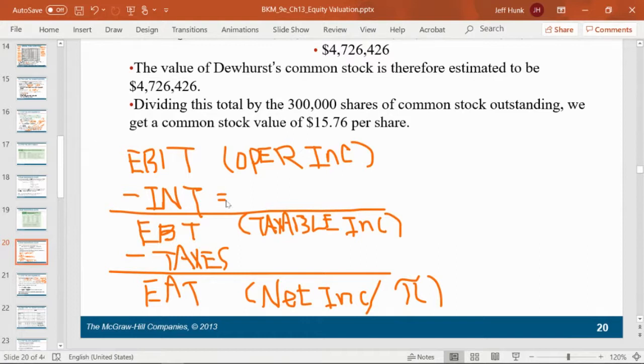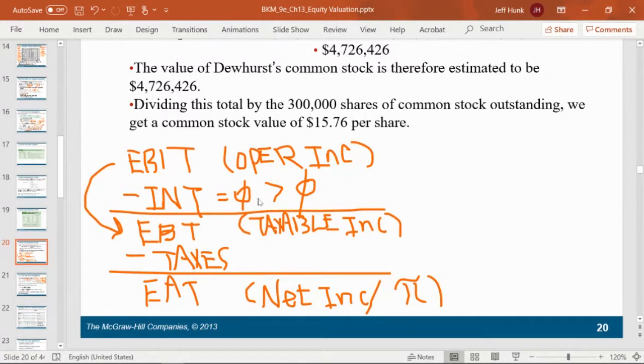If this is 0, then these two will be the same thing, right? But because interest is a positive number, right?